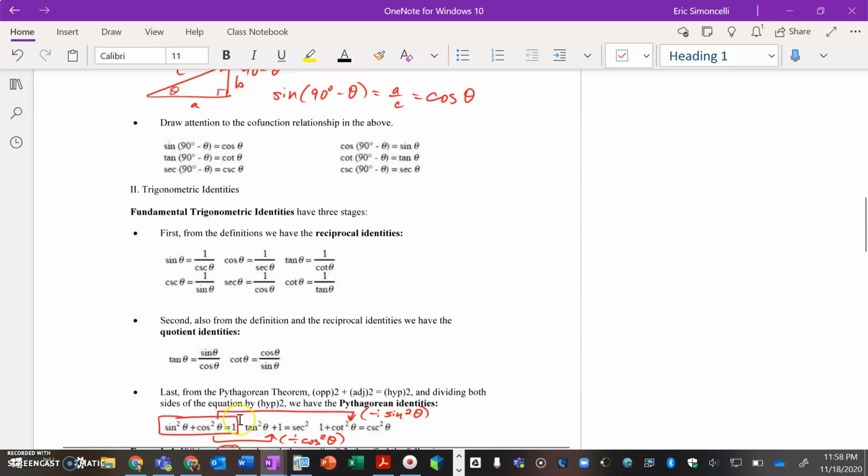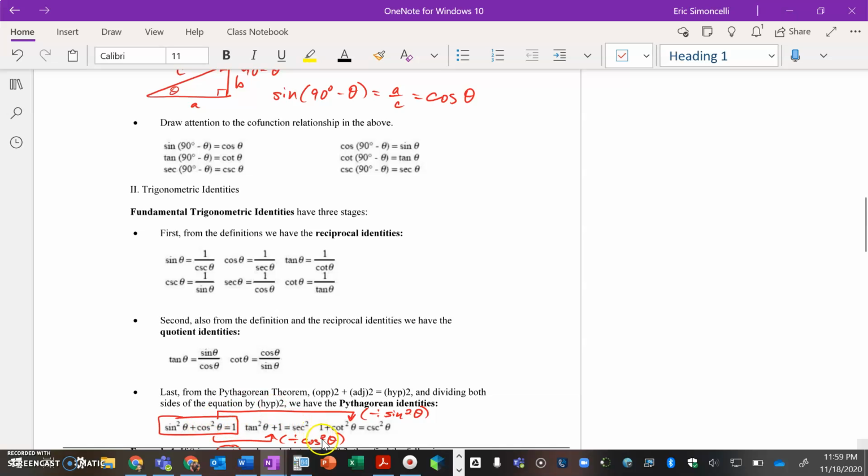Turns out that 1 is a very neat result of using this type of identity or theorem really towards the proof of the identity in context, but it works out exactly in that manner. If you were to divide this equation by cosine squared, sine squared divided by cosine squared is tangent squared.